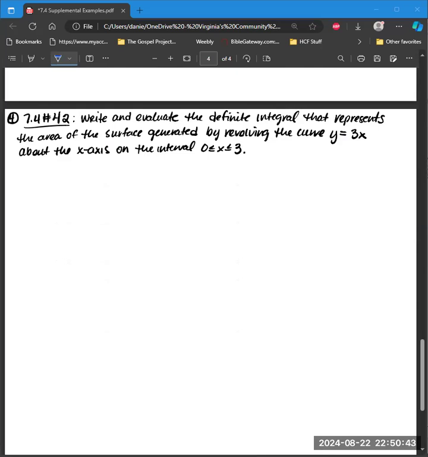Which is to write and evaluate the definite integral that represents the area of the surface generated by revolving the curve y is equal to 3x about the x-axis, on the interval from x goes from 0 to 3. So y equals 3x.